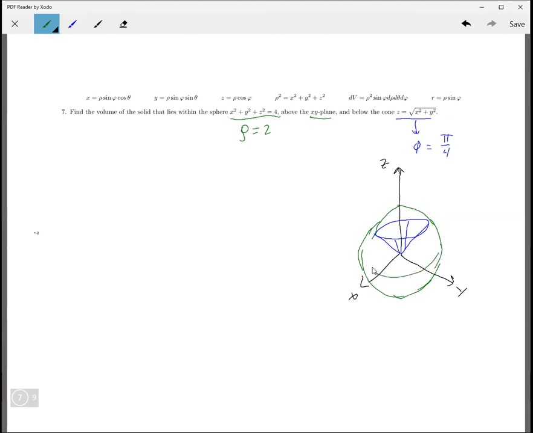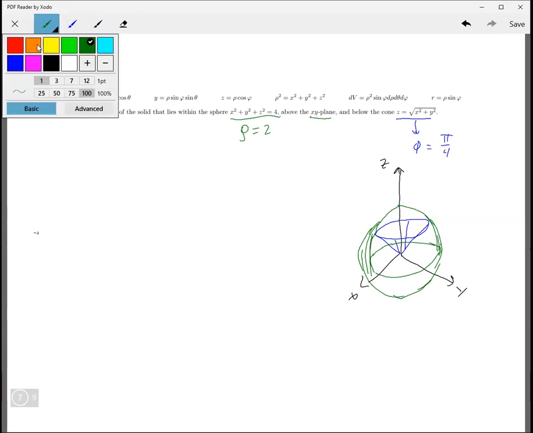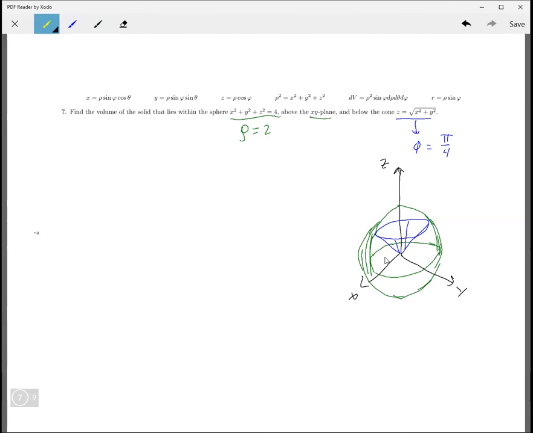So this might be where it crosses through the xy plane. Sorry about that. Basically the area that we're looking at is this area in here. So it's below the cone, and above the xy plane, but within the sphere.